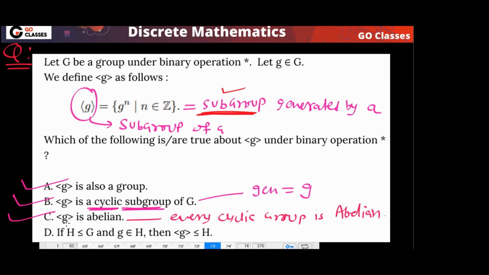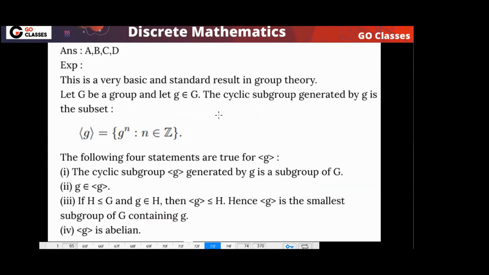And what about this last one? If H is a subgroup of G and H contains G, then can I say this is a subgroup of this? Think about it and tell me the logic. This statement is also correct, but what is the logic? The logic is in a very small detail we have already seen.